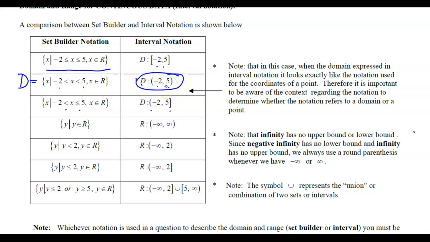Take a look. What happens if it's all real numbers? So here, all real numbers. Now, what do we do with interval notation? Well, all real numbers means it goes to positive infinity as well as negative infinity with no breaks in between. So there's your negative infinity to positive infinity. Notice how they have round brackets.